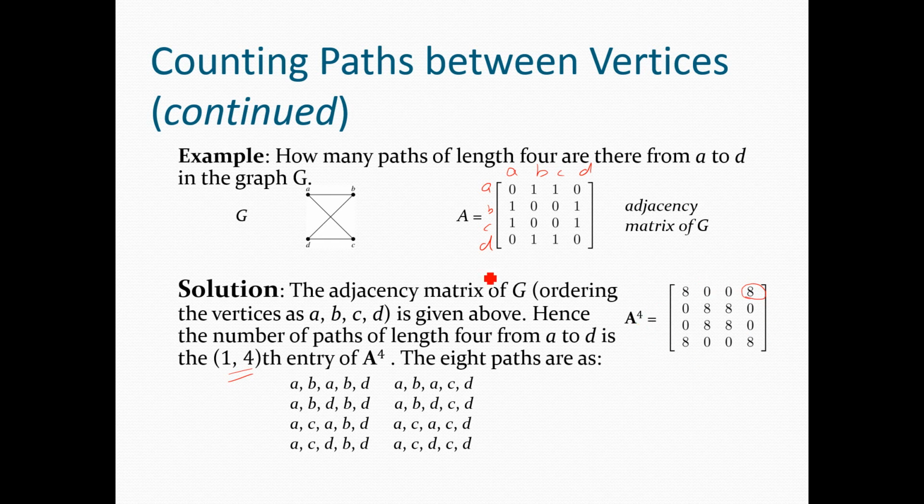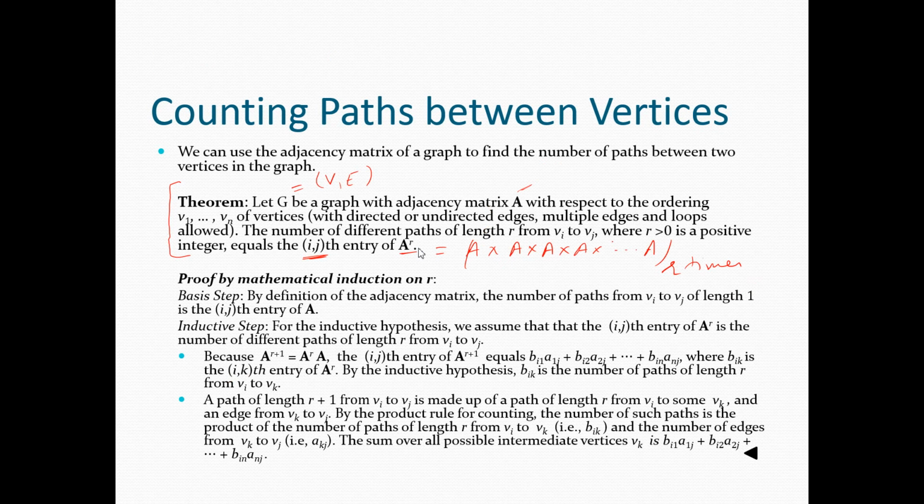So according to this theorem, G is the graph and A is its adjacency matrix, and everything is allowed. The number of different paths of length r from Vi to Vj is equal to the ijth entry of A^r.